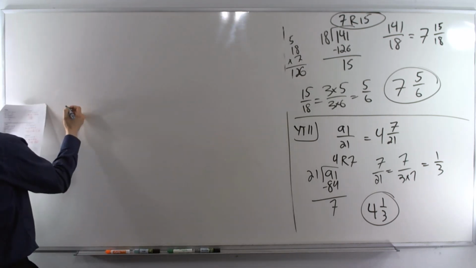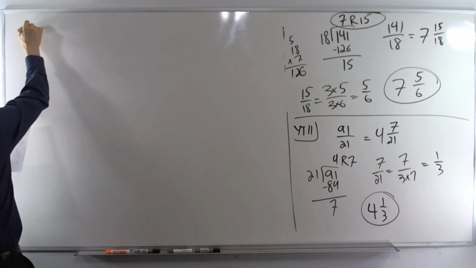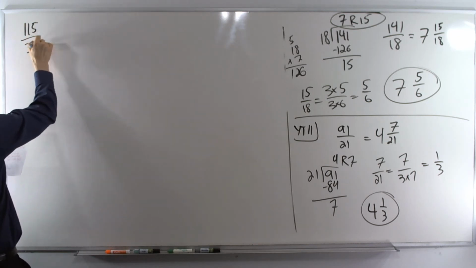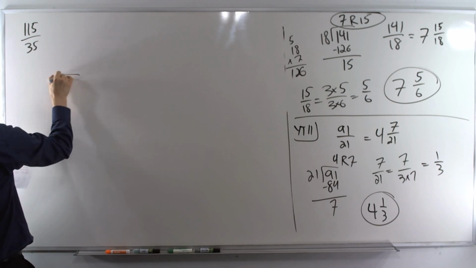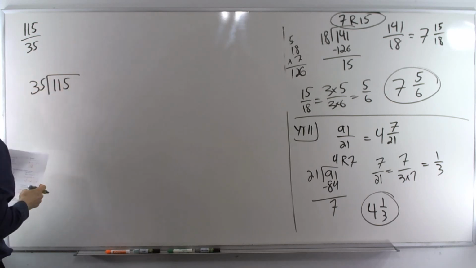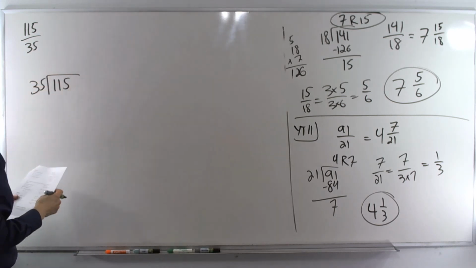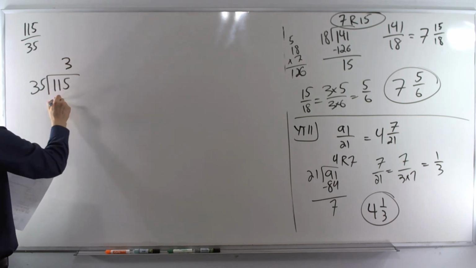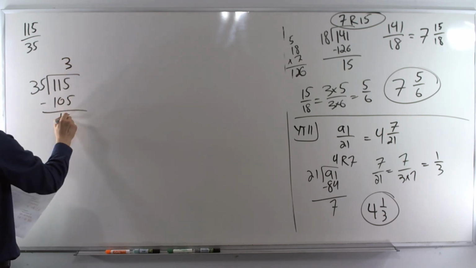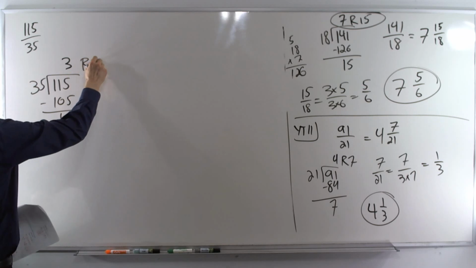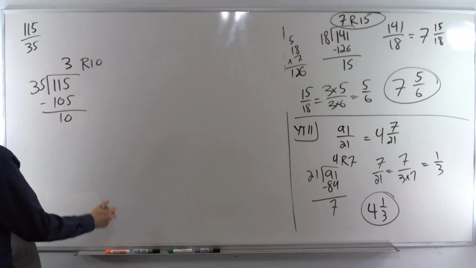Next example, we got 115 over 35. 115 divided by 35. See, 35 times 3 is going to give us 105. Subtracting, we get 10. So that is 3 remainder 10.